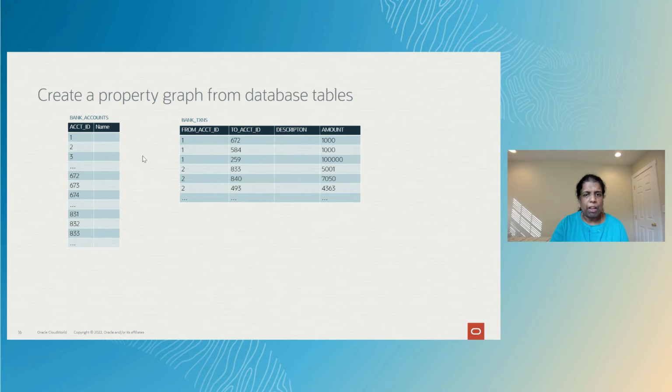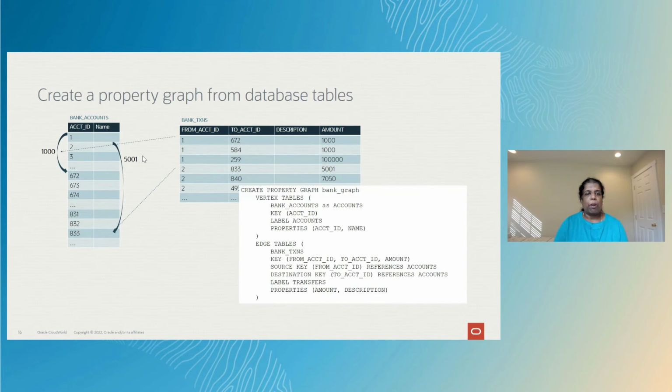And let's go back to the bank accounts and bank transactions tables. So here is where we are going to represent every account as a vertex. And every time there's a cash transfer between them, that becomes an edge. And I mentioned that the bank account is a vertex table, the bank transactions is an edge table. And here is an example from the property graph query language for creating a graph from these tables.